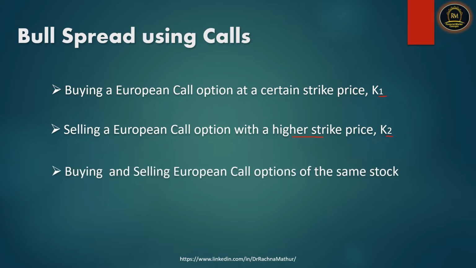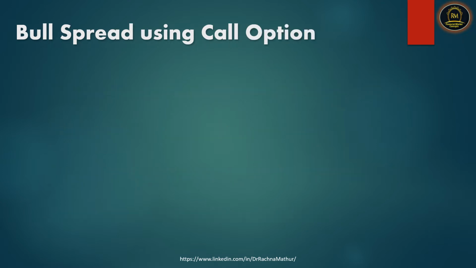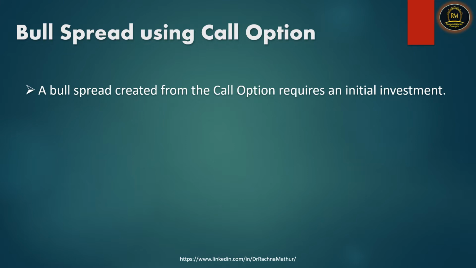Number 3. Both the buying and the selling of the European call option should be done on the same stock. Point number 4. Both options have the same expiration date. As we are making a bull spread from call options, that requires an initial investment.